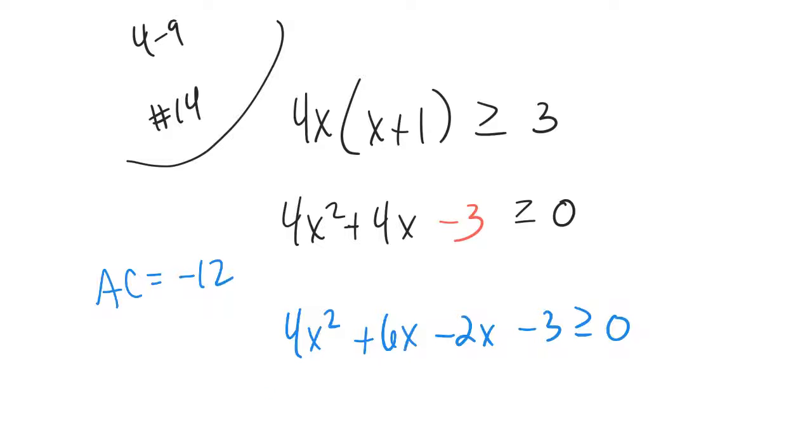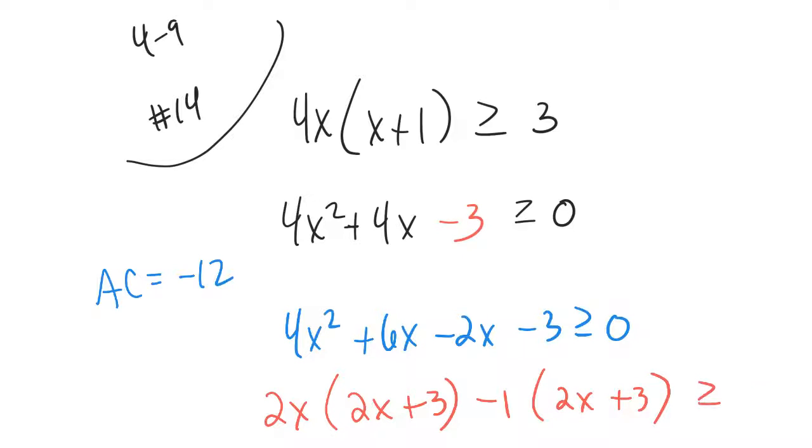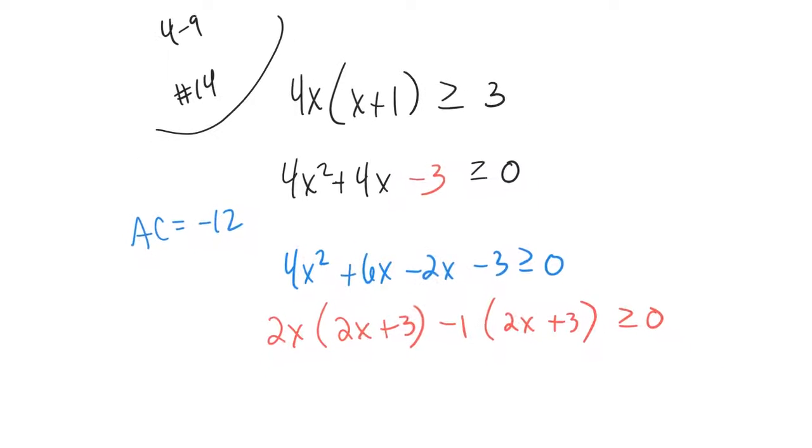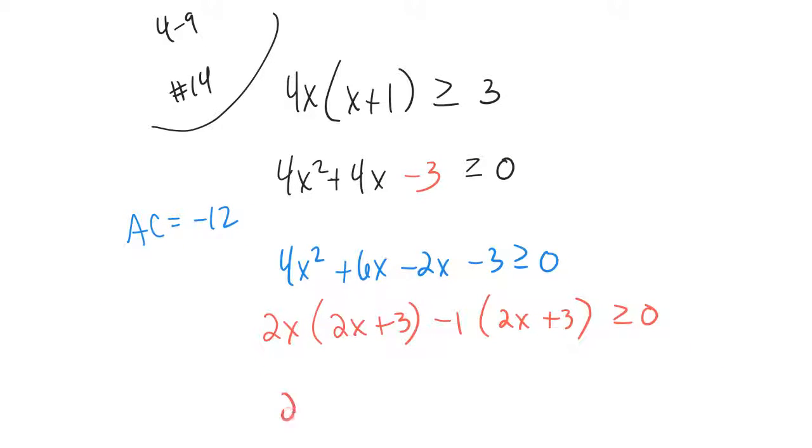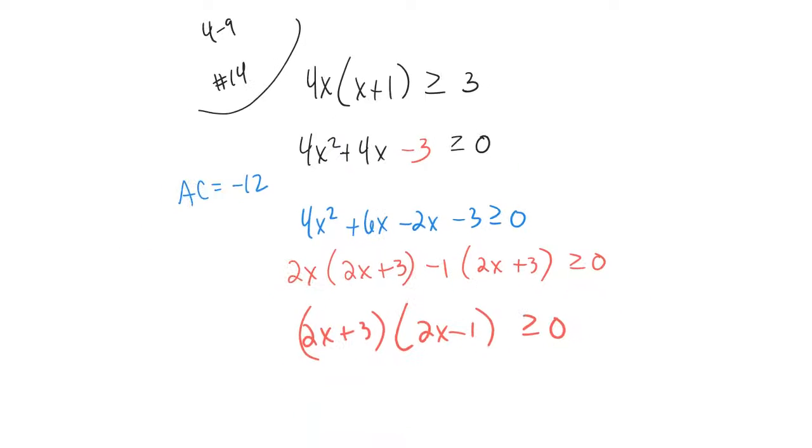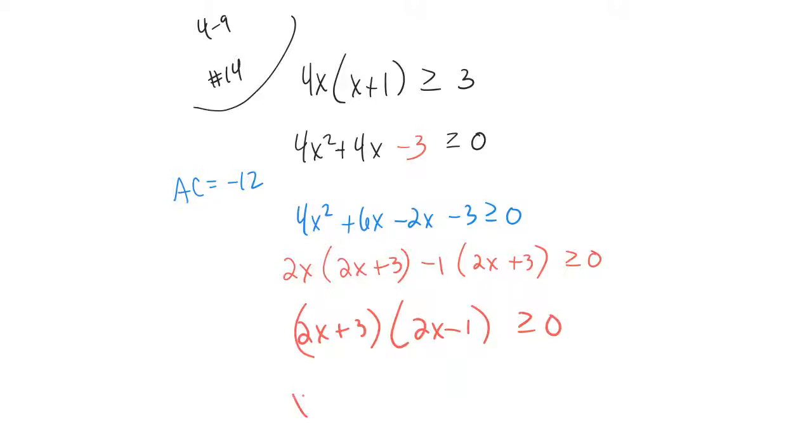Factor out the GCF. 2x comes out of here first, leaving me with 2x plus 3. Take a negative 1 out, leaving me with 2x plus 3. Take the 2x plus 3 out, leaving me behind with 2x minus 1. John, let me know when I'm good. My critical points become negative 1.5 and 0.5. You're good?